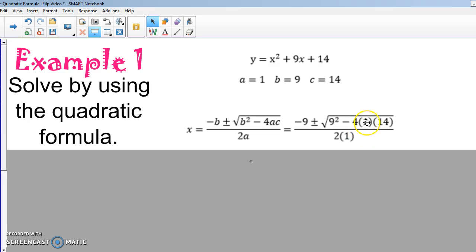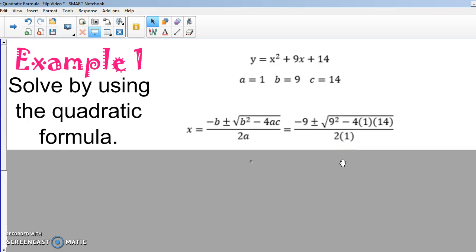My a is 1, my c is 14, and then all of that's divided by 2a. Notice that I'm stressing that it's all divided by 2a. Some people will get in the habit of just dividing this 9 by 2a or just dividing what's in the square root by 2a, but you have to remember to divide the entire thing by 2a.